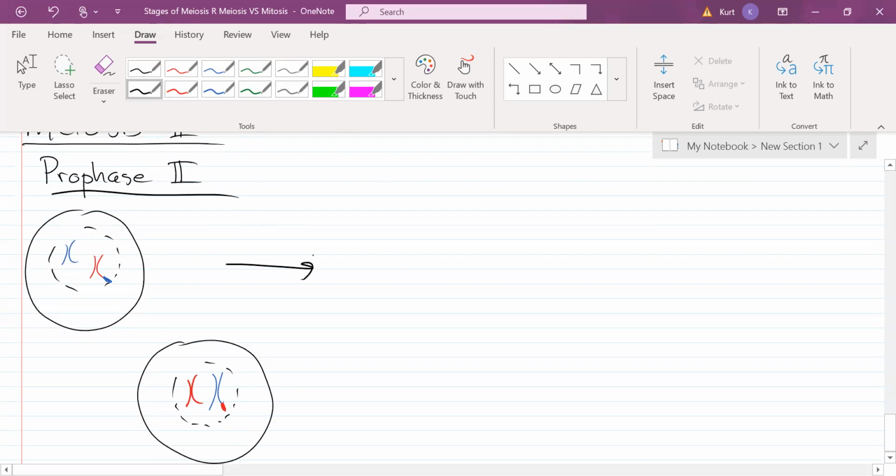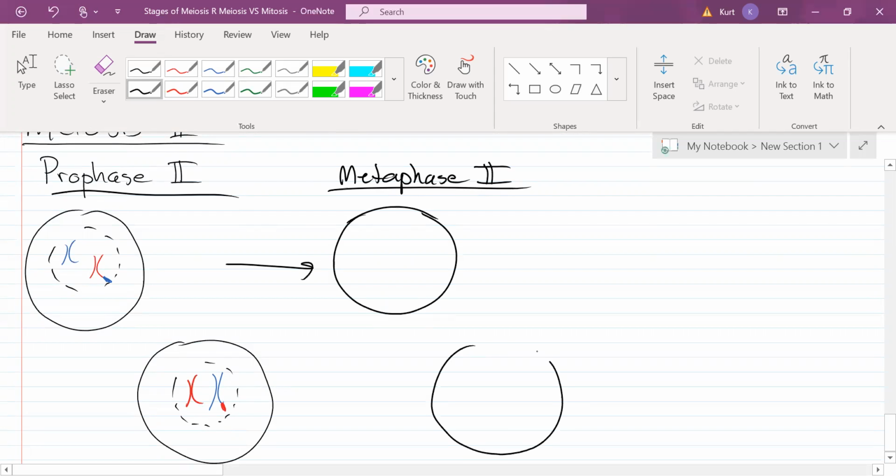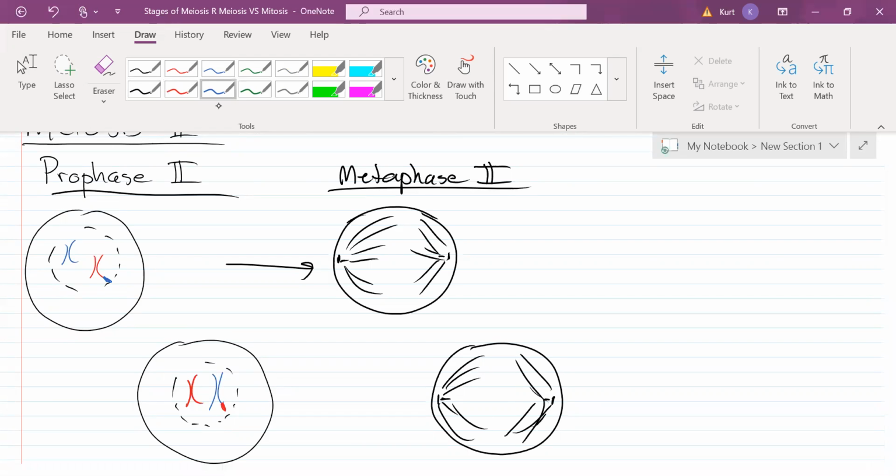Okay, let's go to metaphase 2. Okay, that's metaphase 2.